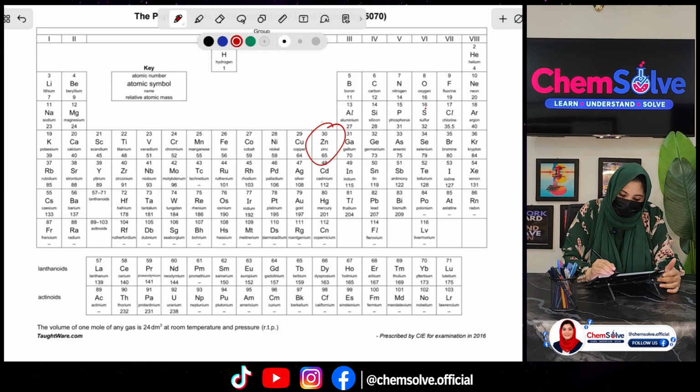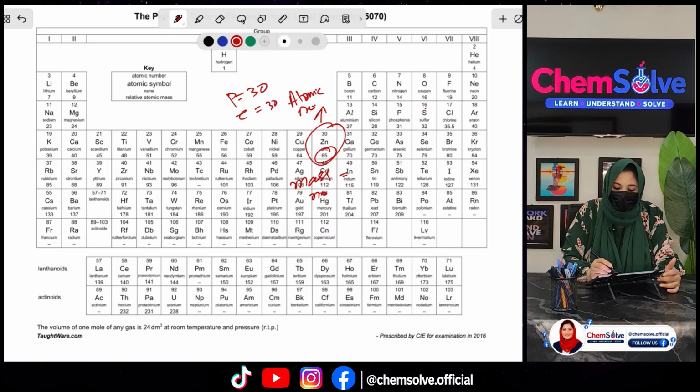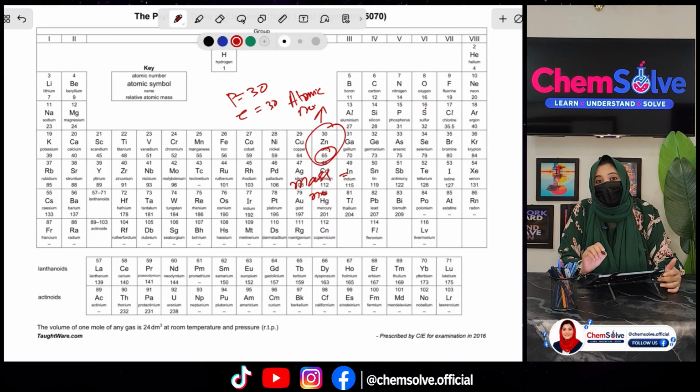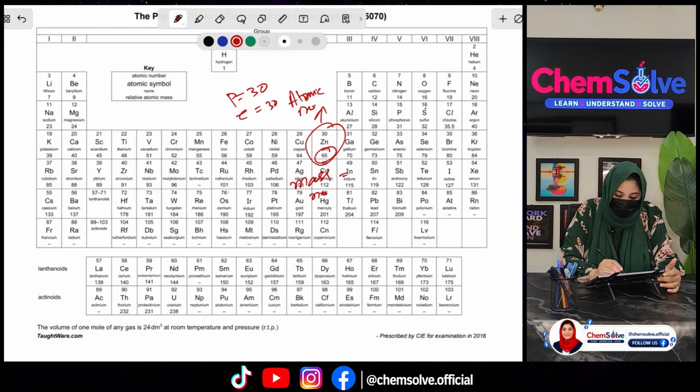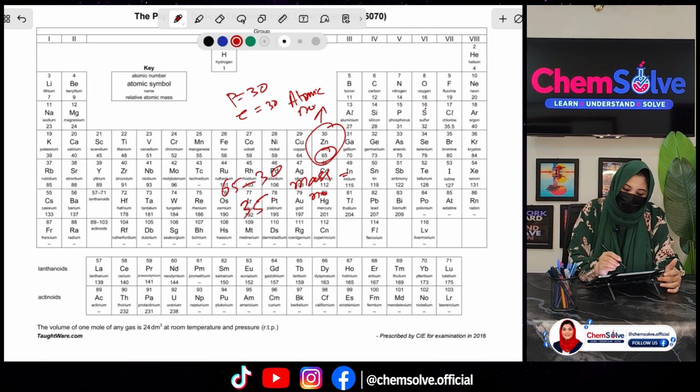It has atomic number 30. So protons are 30, electrons would also be 30, while the mass number is 65. The neutron number is found by subtracting the atomic number from the mass number. So 65 minus 30 gives us 35.